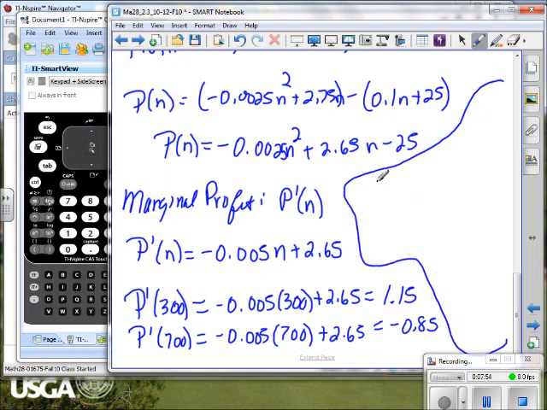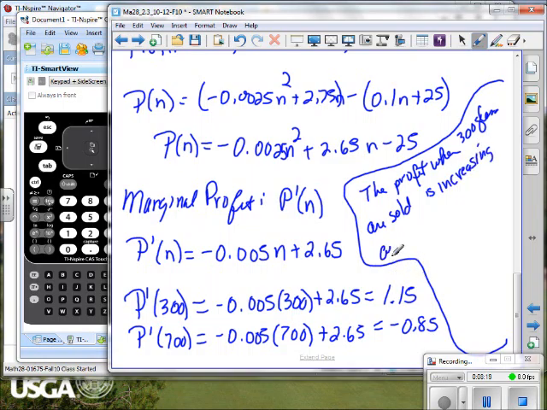Okay, so what we say is that the profit when 300 glasses are sold, the profit is increasing approximately $1.15 per glass.